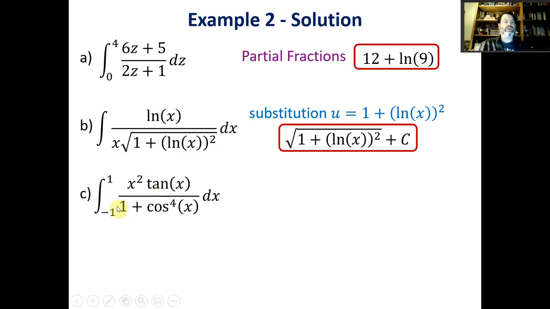All right, part C here. So it's a definite integral from -1 to 1 with this whole mess of functions. Well, it turns out that the only way to do a polynomial times a trig function is with integration by parts.